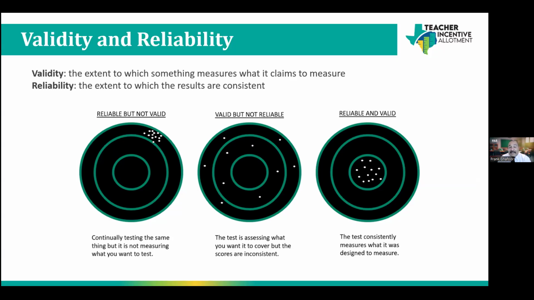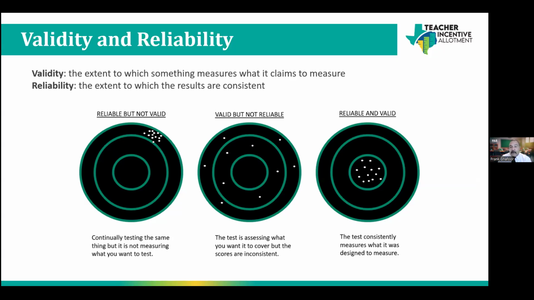We can also have a test that's valid but not reliable. What that means is the test assesses what we want to cover, but the scores are inconsistent. A lot of the time that has to do with how the test is put together, the stretch of the test, how things are phrased and worded. There's a lot of reasons why a test could be valid but not a reliable measure. So the district would need to investigate if they notice that their scores are maybe not in line with what they thought they should be based on historical context.